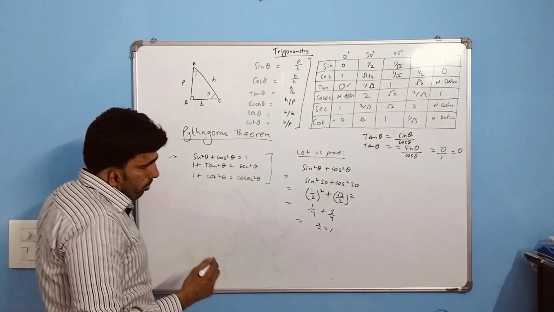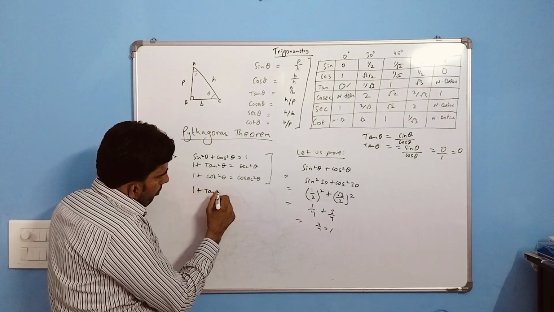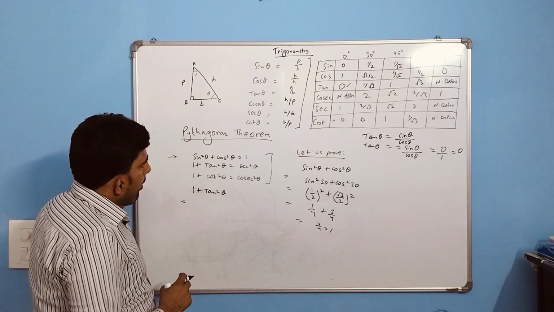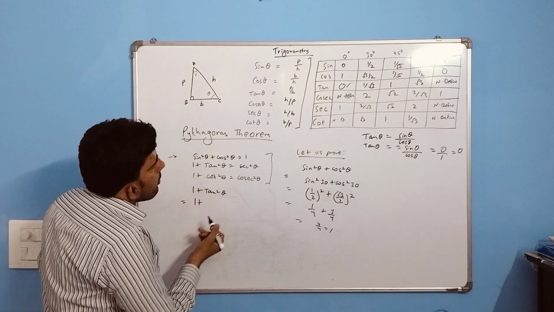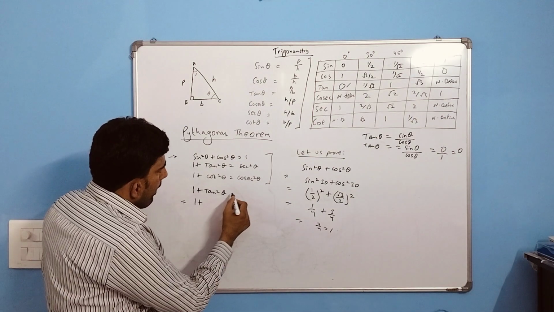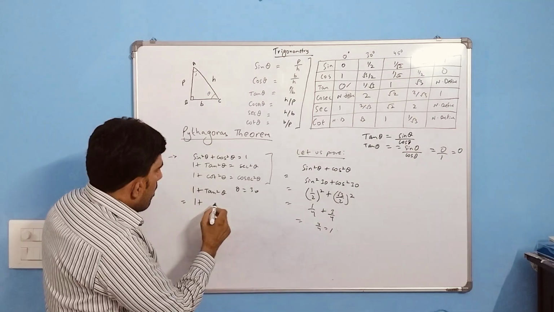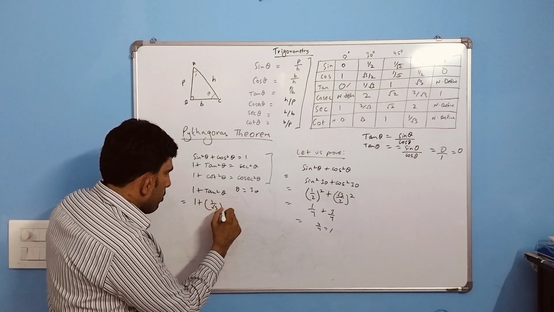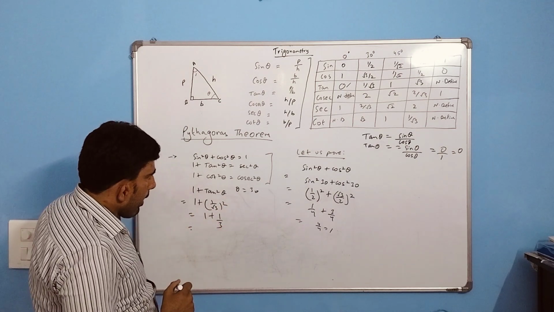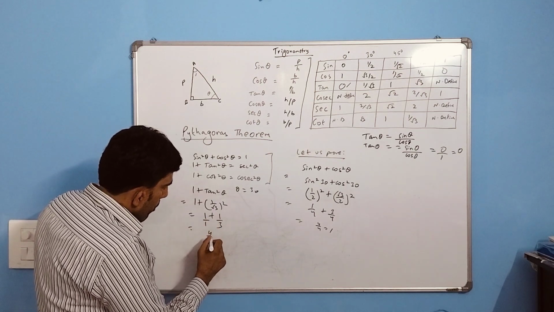Next, we can prove 1 plus tan square theta. Now 1 plus tan square theta, if I take tan 30, what is tan 30? It is 1 upon root 3. So you get 1 plus 1 upon 3. If I write this value, 3 plus 1, taking LCM, 4 upon 3.